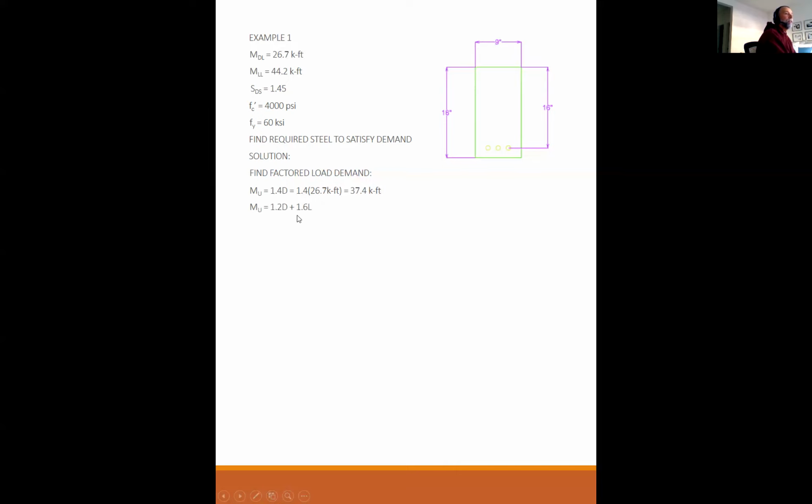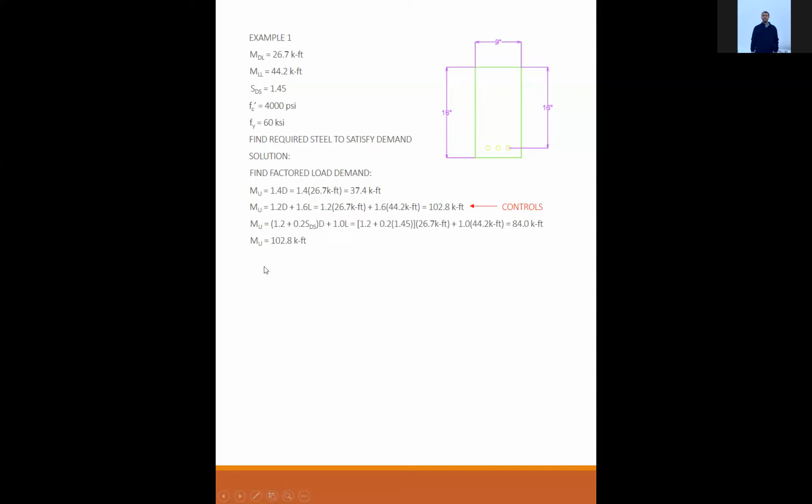Or 1.2 dead and 1.6 live: 1.2 times the dead, 1.6 times the live, 102.8 kip-feet, many times greater. Or you have 1.2 plus 0.2 SDS times dead plus 1.0 live, with 0.2 times 1.45. This equals 84. So 37, 102, 84, the 102 is going to clearly control.